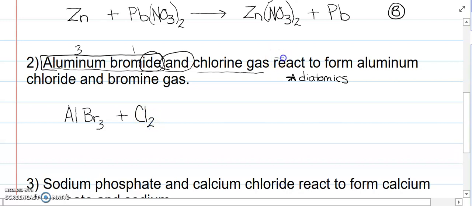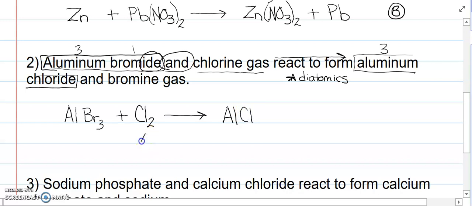It is going to react to form, which is going to be my arrow. Be careful that you read completely. It's aluminum, but follow on to the next line, aluminum chloride. So now I have a compound. Well, aluminum is still the 3+ charge. And I still have chlorine. But here's an important, almost common mistake.